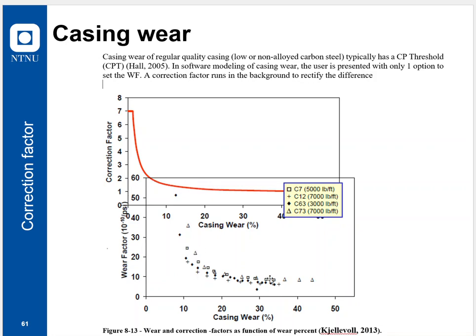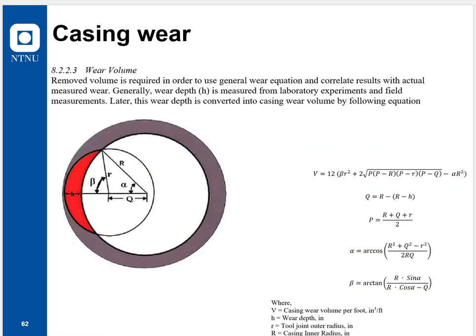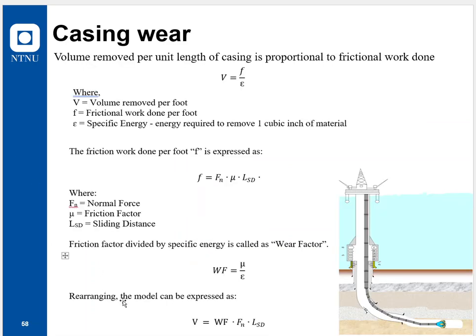So the casing wear here is from a test and verifying the correction factor, and also what we have is calculations for wear volume. How much did you lose? Going back to this formula here, the wear factor, the normal force, and the sliding distance.